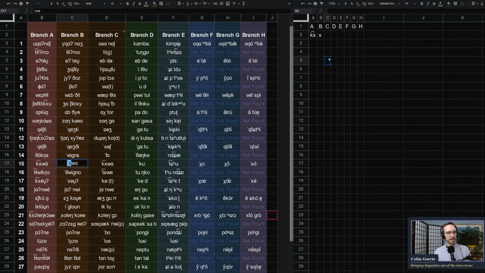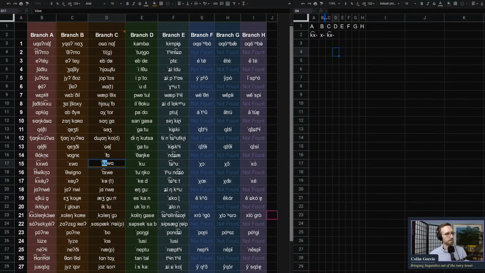Once you've assembled your cognate set, which has been done for us already, then we start to look at correspondences. So we have correspondences like, these are word initial. So we'll just get them all in here and see what we can do.